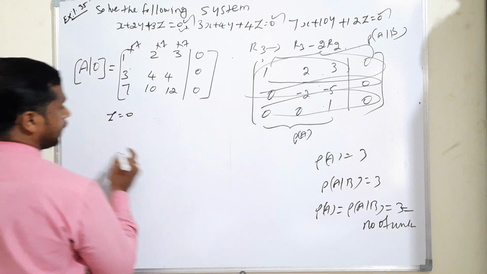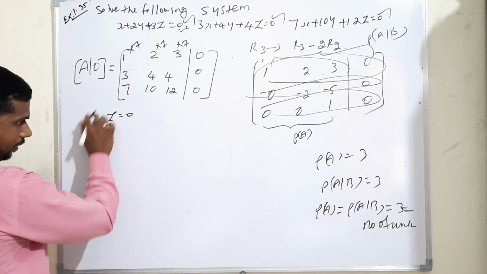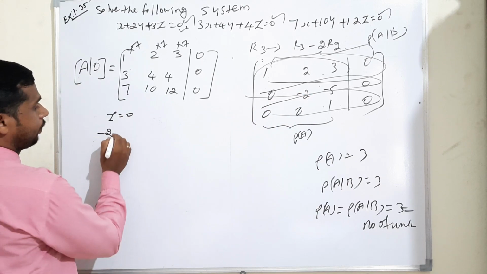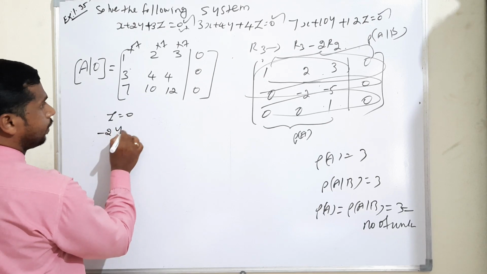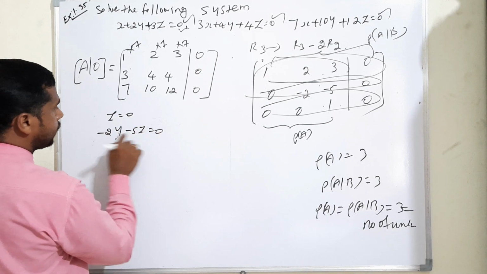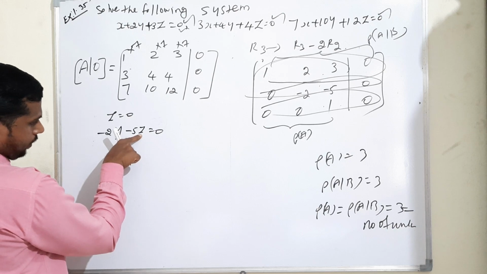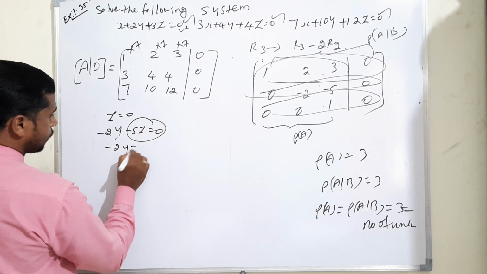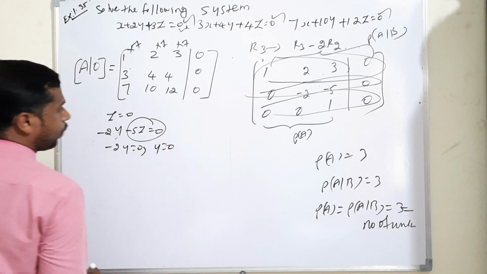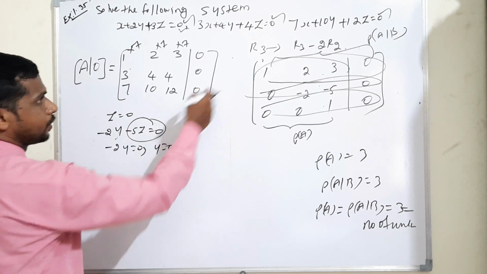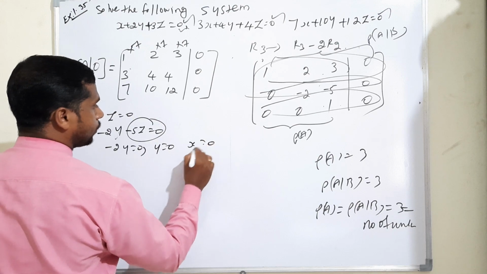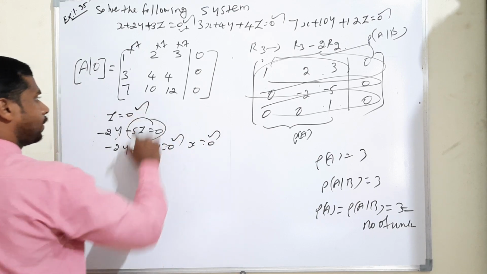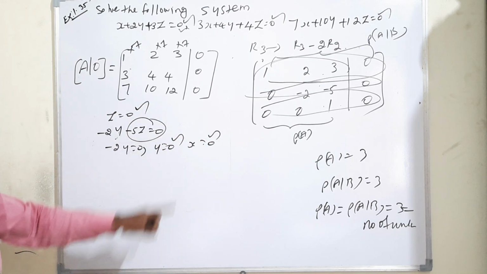From minus 2y minus 5z is equal to 0, substituting z as 0 makes the total 0, so minus 2y is equal to 0, which means y is also 0. With z and y both 0, x is also 0. So x is equal to 0, y is equal to 0, z is equal to 0. This condition is also verified.